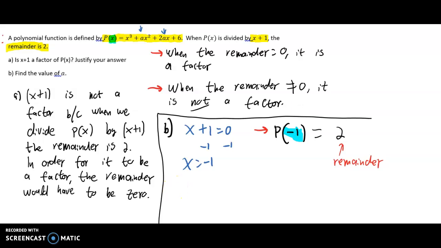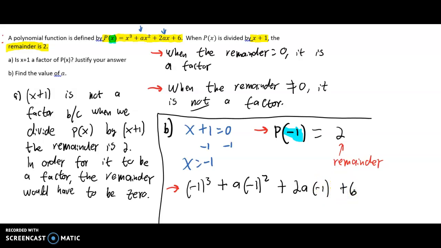So I'm going to plug in -1. We're going to plug it into every single x because it is p of x. We leave the a alone by itself. So I've got -1 cubed plus a times -1 squared plus 2a times -1, and the 6 doesn't have an x, so we leave it.